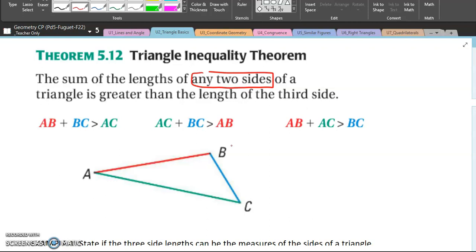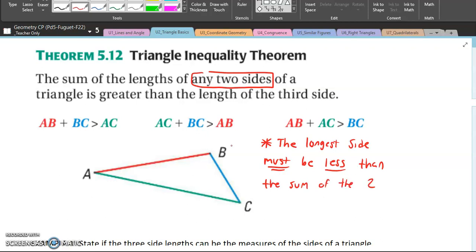That's maybe a little more obvious than the more particular one that we're going to be using in our examples. What is the most important of these inequalities is that the longest side must, there's no situation where it wouldn't be, must be less than the sum of the two shorter sides.